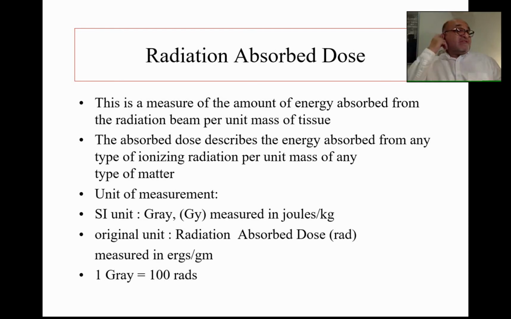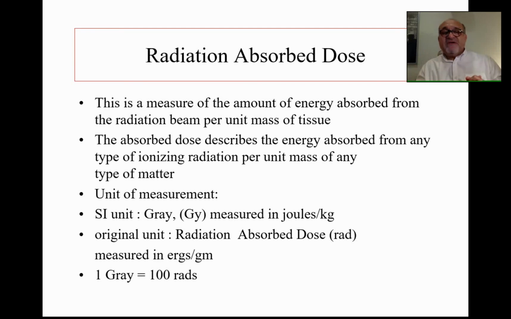Here there is no specification of either the beam or the type of tissue. The absorbed dose describes the energy absorbed from any type of ionizing radiation, any type of radiation that can produce ion pairs, per unit mass of any tissue and any type of matter.